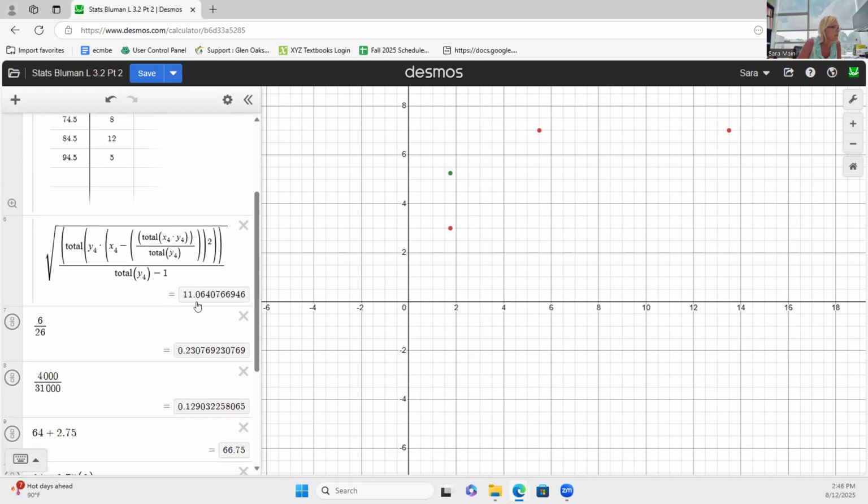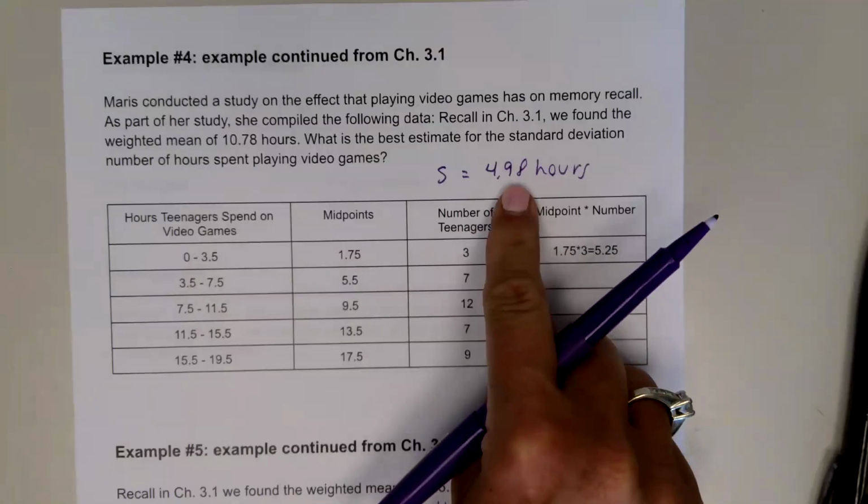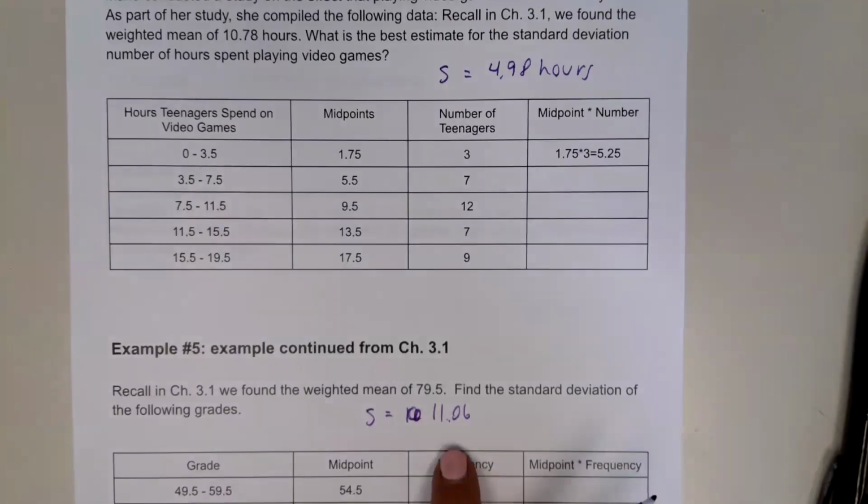And so the standard deviation of the grades for those students was 11.06. So I wanted to show you where to look that up. The standard deviation for the hours was 4.98 hours, and then the standard deviation for the grades was 11.06.